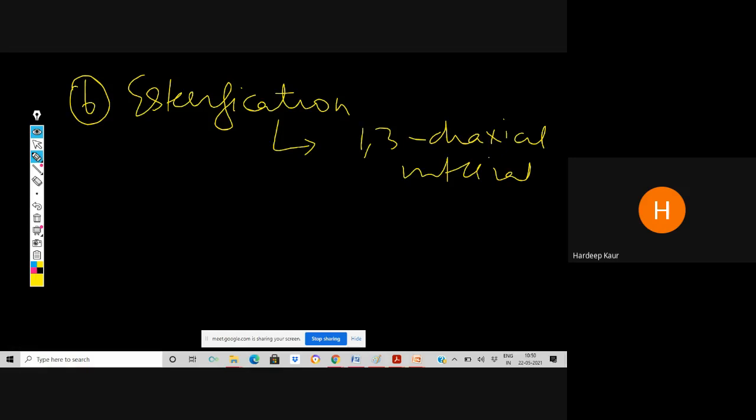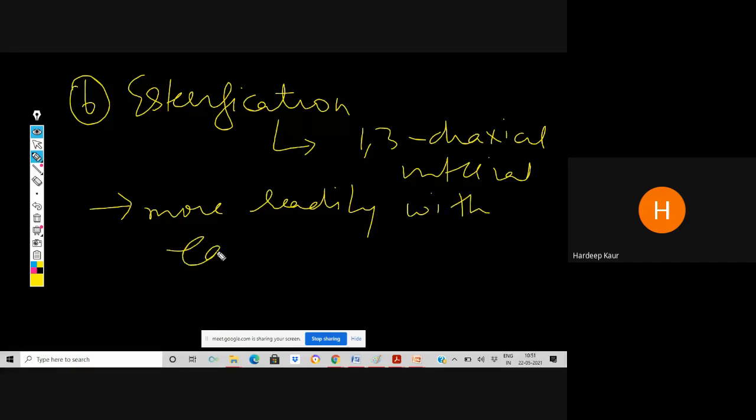Most of the time, esterification and hydrolysis occurs more readily with equatorial isomer. इस case में, it occurs more readily with equatorial isomer.